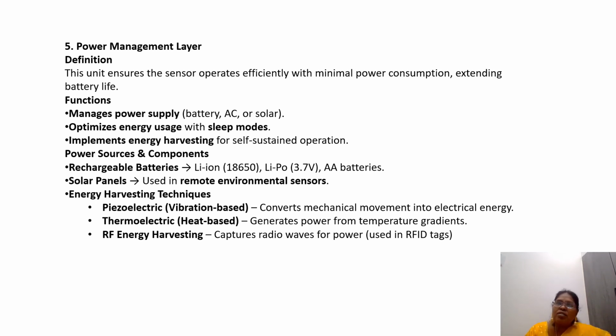So we always have to check that the sensor is used with minimum power consumption, and we need to extend the battery life as well. So we have the following functions. It manages the power supply; we can use battery, AC or solar. It optimizes the energy usage with sleep modes and implements energy harvesting for self-sustained operation.